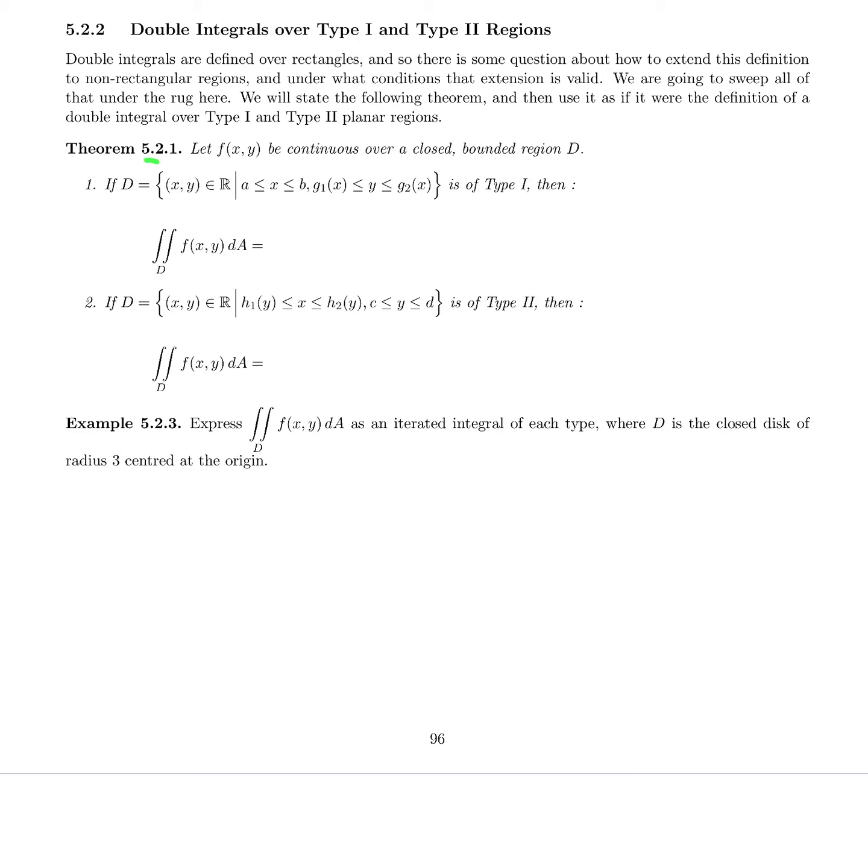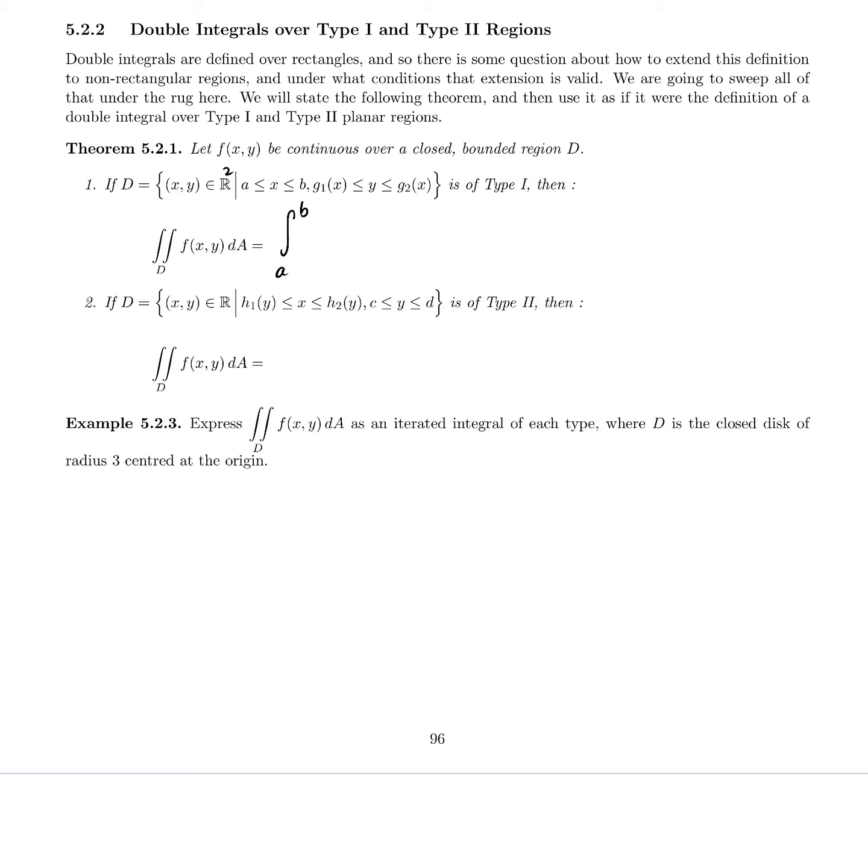So theorem 5.2.1, let f of x y be continuous over closed bounded region D. If D is all the points x y in R2 such that a is less than or equal to x is less than or equal to b, and g1 of x is less than or equal to y is less than or equal to g2 of x, so that is a type 1 region, then the double integral of f over D dA is an iterated integral that looks like this.